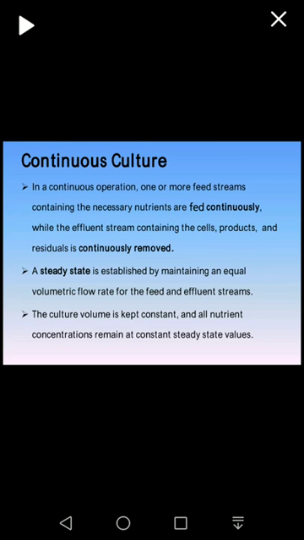And then at the same time you are removing the 10-liter product from the fermentation tank in the form of antibiotic or cell debris or residues. So again, you are left with the 40 liter of the volume of the fermentation tank. So that is how during the course of the continuous culture technique, the volume is maintained at a specific rate. So that's how you are establishing the steady state equilibrium.